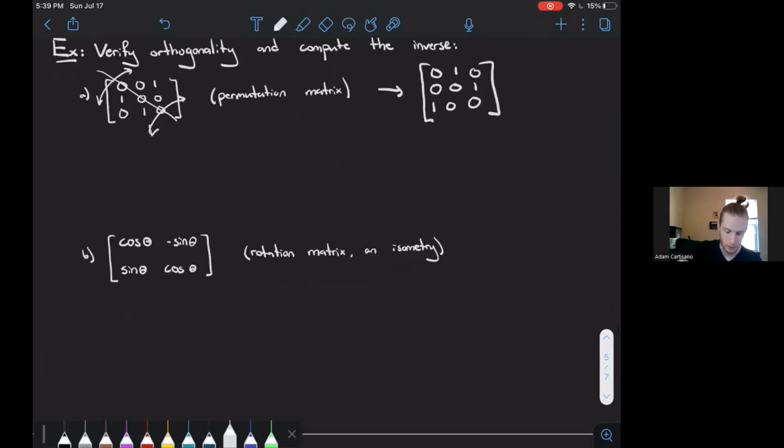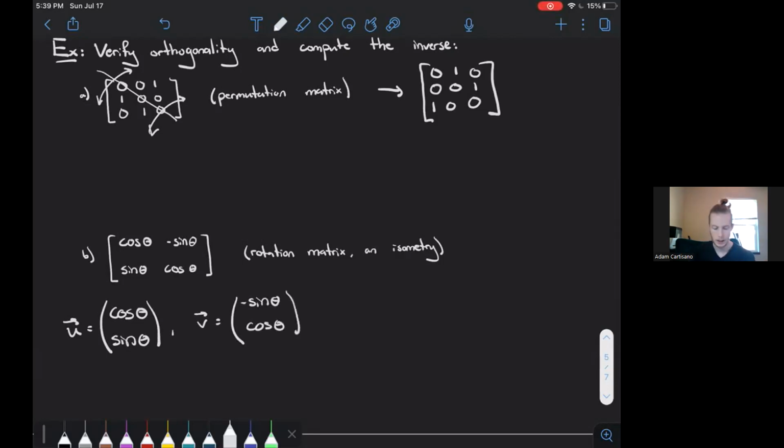So verify that it's an orthogonal matrix. Okay, now we actually have to do something. So first of all, cosine theta, sine theta. Let's call this one U. And V, we'll do the other one, negative sine theta, cosine theta. So we actually have to do some work here.